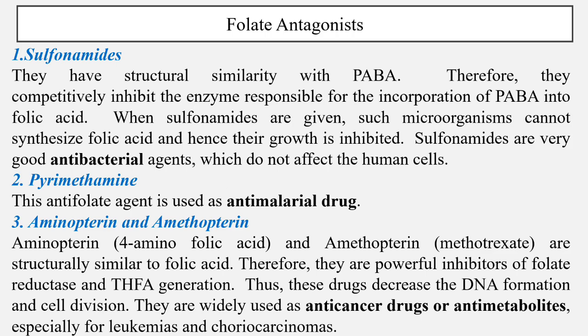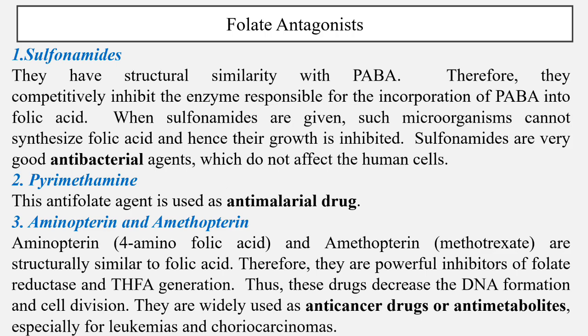This is competitive inhibition of enzymes; you can write it as an example in the enzyme chapter. When sulfonamides are given, such microorganisms cannot synthesize folic acid and hence their growth is inhibited. So sulfonamides are very good antibacterial agents which do not affect human cells.